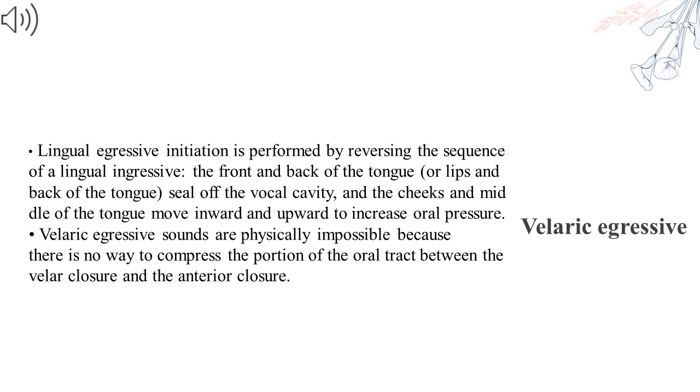The front and back of the tongue or lips and back of the tongue seal off the vocal cavity, and the cheeks and middle of the tongue move inward and upward to increase oral pressure. Velaric aggressive sounds are physically impossible because there is no way to compress the portion of the oral tract between the velar closure and the anterior closure.